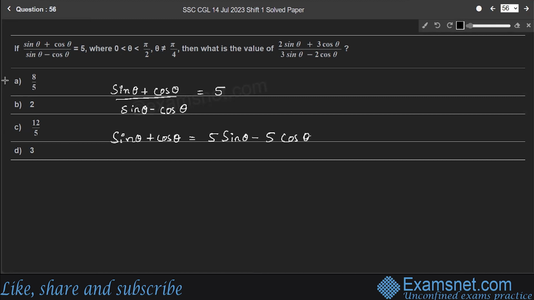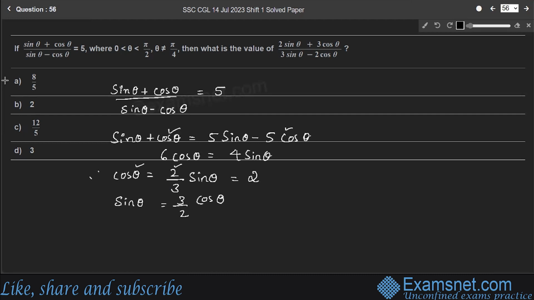Therefore, 5 sine theta minus sine theta is 4 sine theta, and cos theta plus 5 cos theta is 6 cos theta, so 6 cos theta is equal to 4 sine theta. Therefore, we can write cos theta as 4 by 6, which is 2 by 3 sine theta, and sine theta as 6 by 4, which is 3 by 2 cos theta.